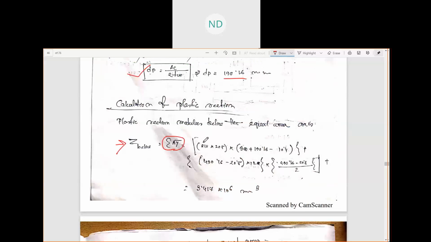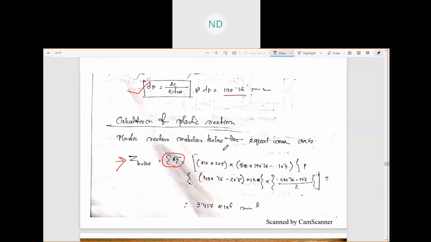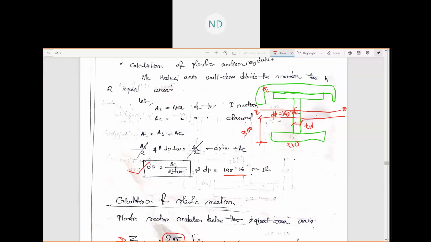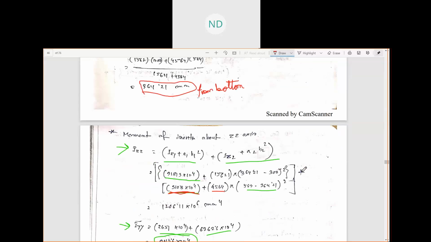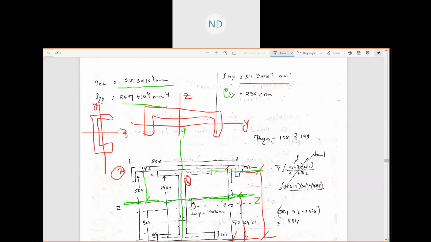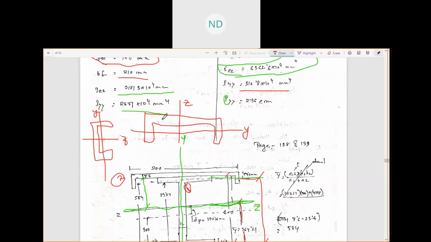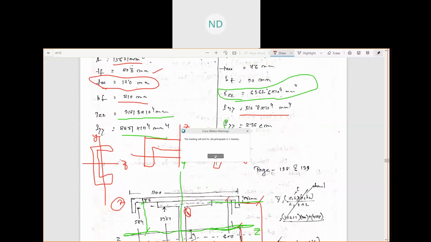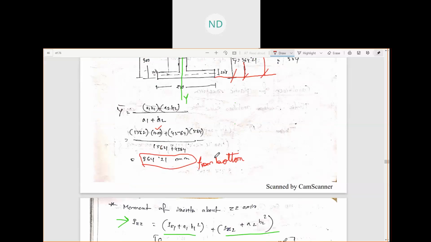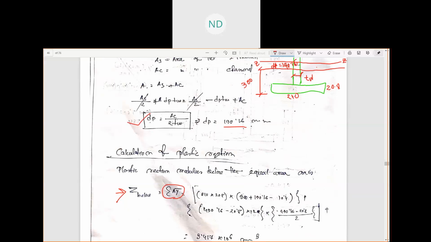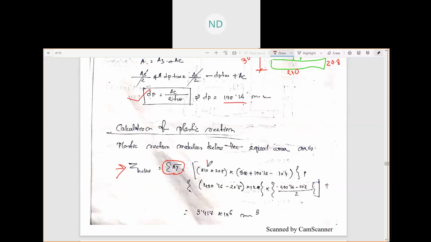So 210 into this one, which is 20.8. See here, 20.8 we are having. In the properties, you will get the thickness of the flange, 20.8. So this we got the area.